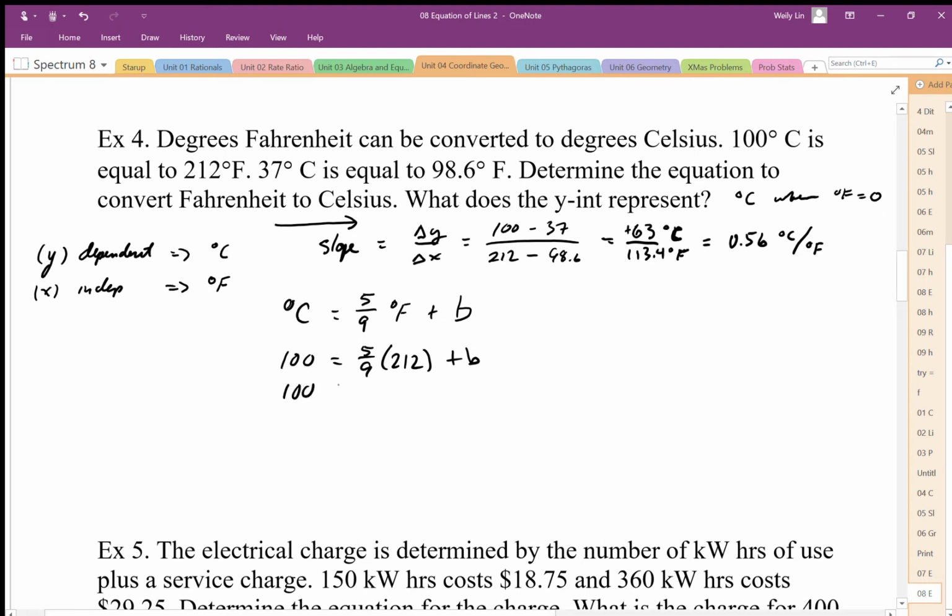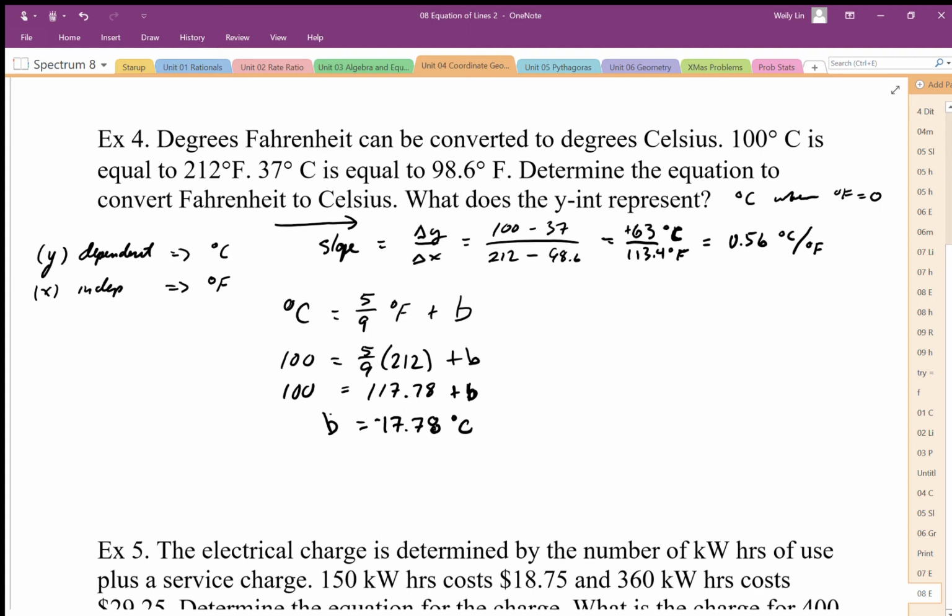I'm going to round that to 117.78 plus b. When I solve for b, it's 100 minus 117.78, so it's going to be negative 17.78 degrees Celsius. So when we hit 0 degrees Fahrenheit, we're talking about close to negative 18 degrees Celsius.